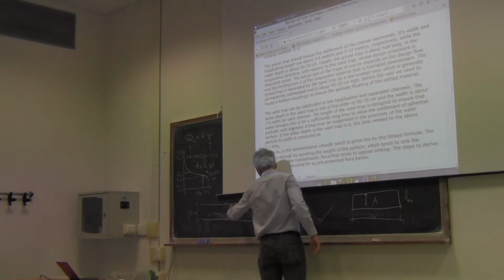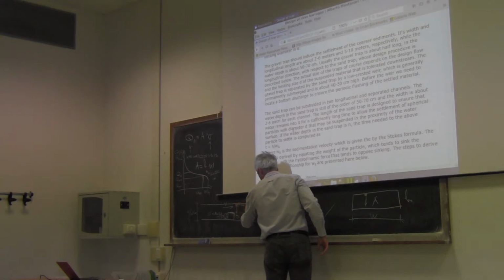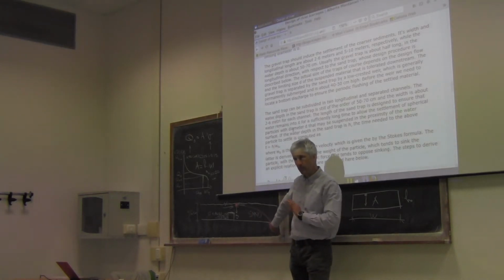The trajectory is dictated by these two velocities along the horizontal and vertical direction, and therefore it will be something like this. When it reaches the floor, we are fine.